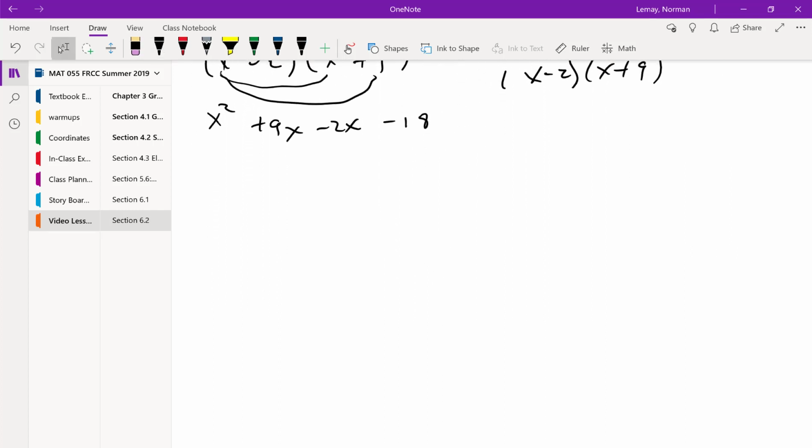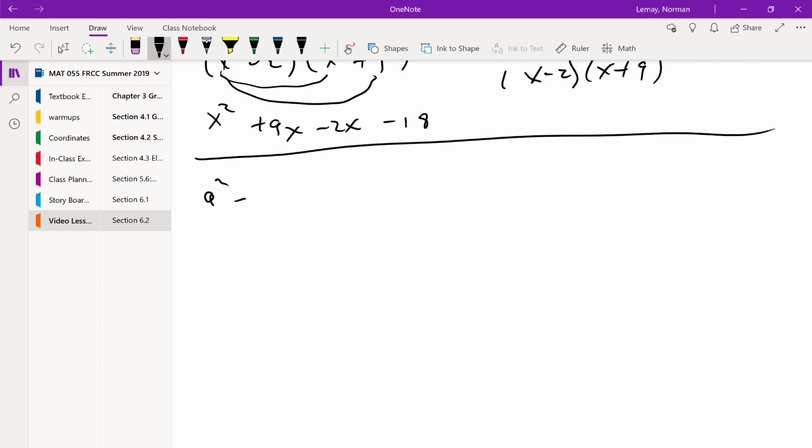Let's take a look at what happens when we have two variables. So we get a squared minus 7ab plus 12b squared. Well, when we have two variables, it's going to be kind of the same thing, except a little bit of a tweak.